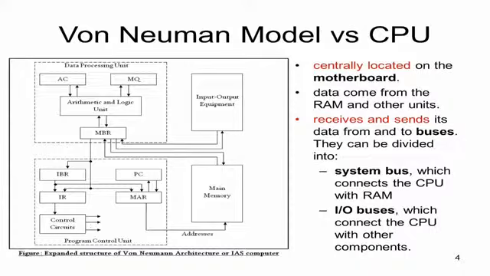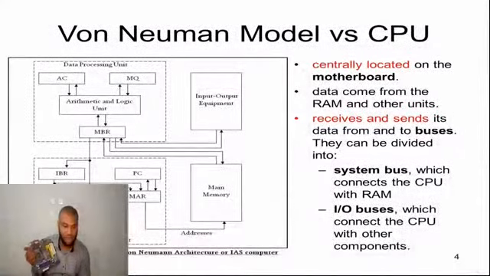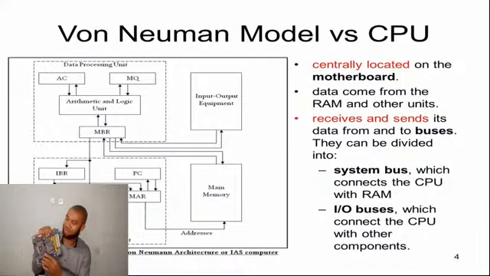So like I said, the CPU is usually located at the center. You find the CPU is that square-like chip in your motherboard, just like what I showed you here.